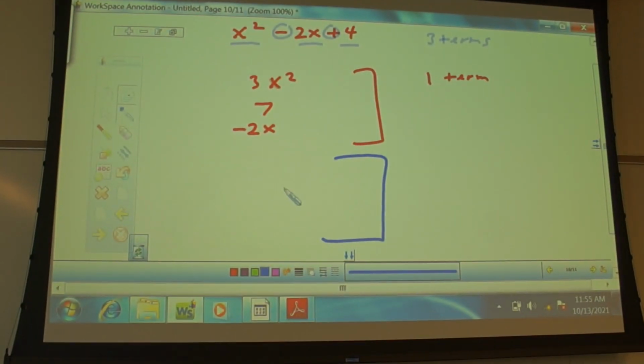Those are all 1 term. Why is raise the power of 2 1 term? Because there's only one thing. These are all 2 terms.